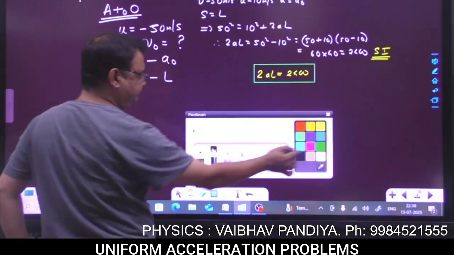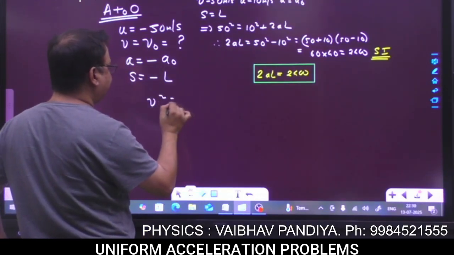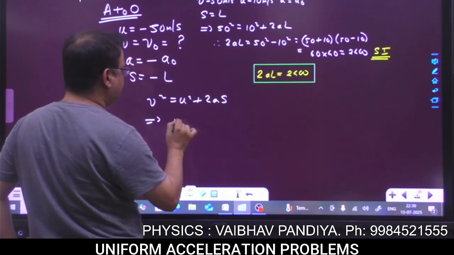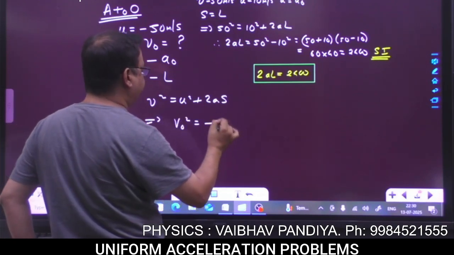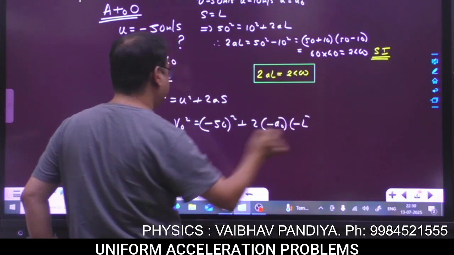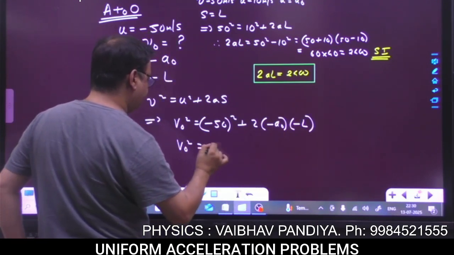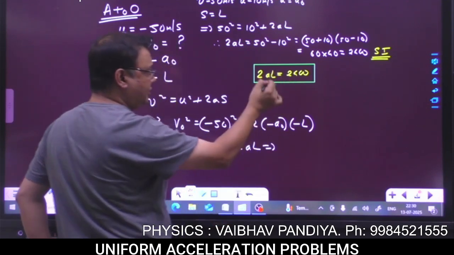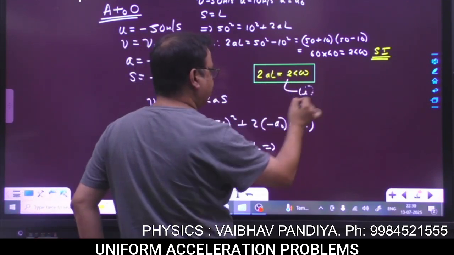If you use the equation, V square is U square plus 2AS, what will I get? V naught square is minus 50 square plus 2 into minus A naught into minus L. So I'll get V naught square is 50 square plus 2AL, correct? And you can put this value of 2AL in this equation.